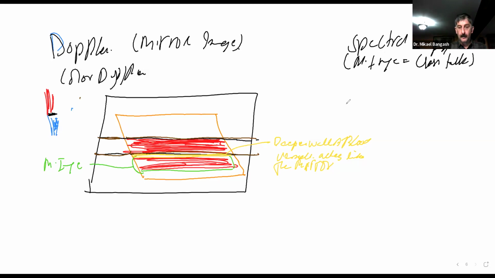Clear? Now we can say that here, just because we had, let's say, a positive Doppler shift.